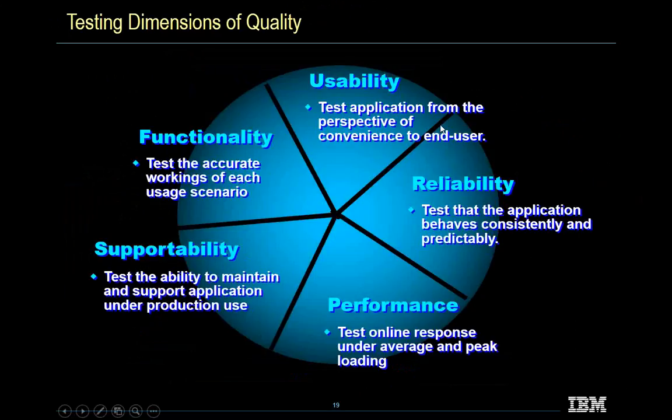The software is working fine, but is highly cumbersome, the user experience is not very comfortable, and it is not easy to use. Reliability means the application is constant. It is not crashing, it is not falling down, so it works constantly in a very predictable manner.